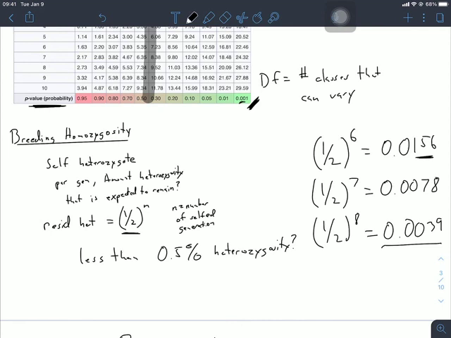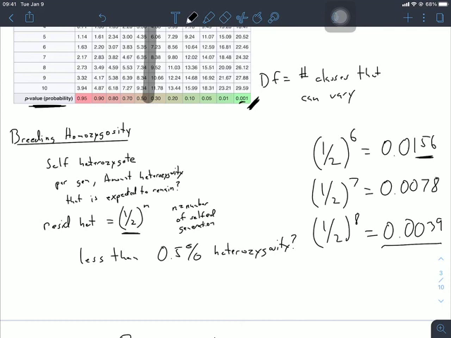But at least now you understand the math here behind how many generations you need in order to generate that little amount of heterozygosity. Now you'll look particularly intelligent if at some point you interview at a breeding company, a corn breeding company, or any plant breeding company, and they tell you that they perform a number of generations of selfing on each inbred line before they again perform crosses with it with a different parent.